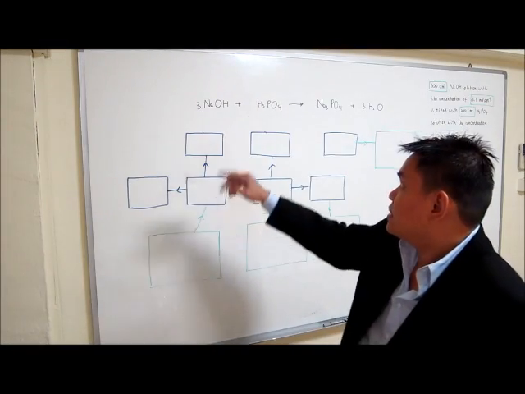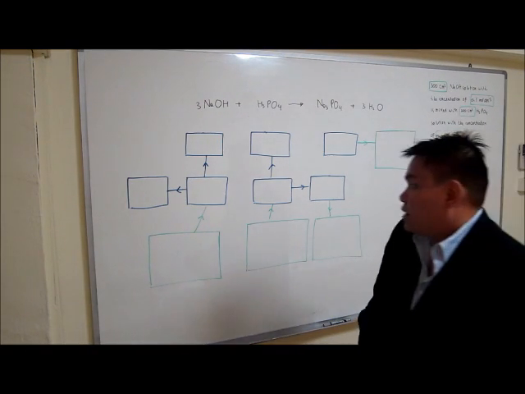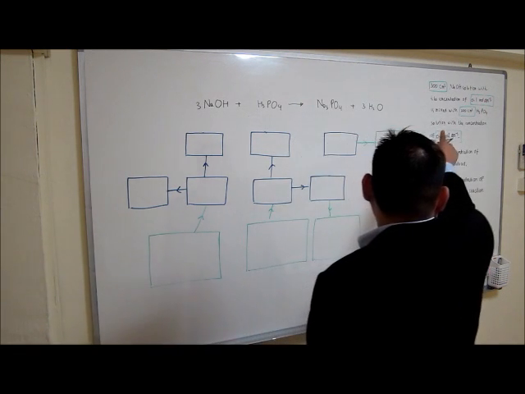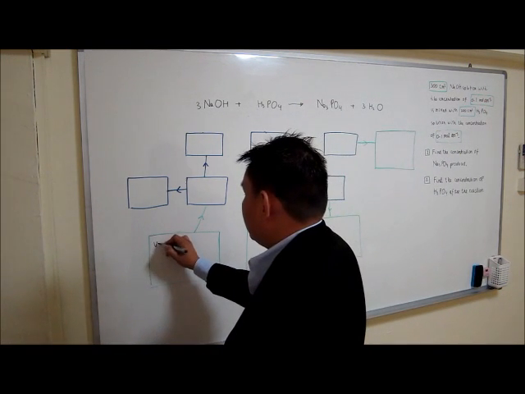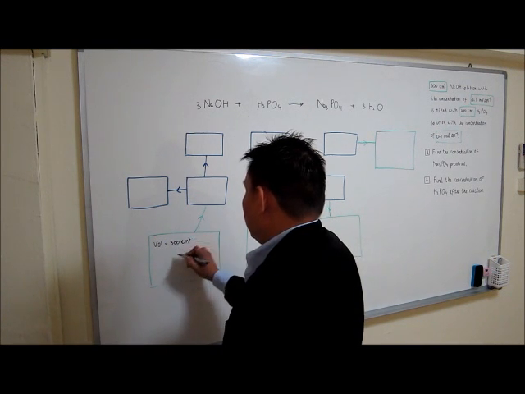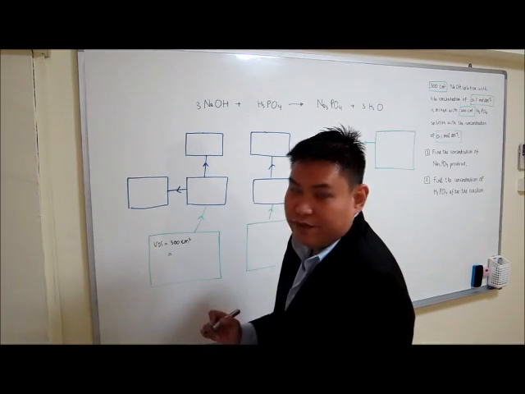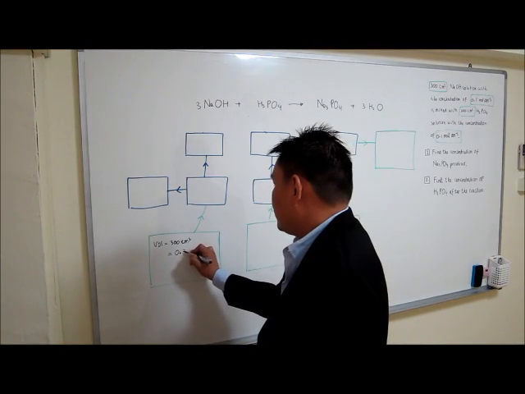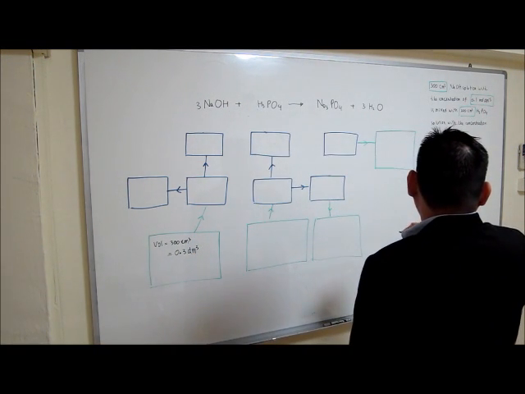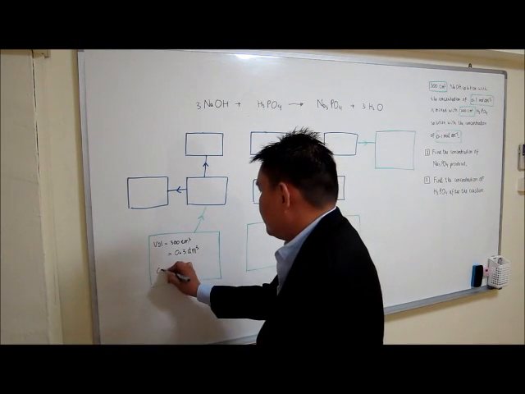2 pieces of information are about sodium hydroxide, so we are going to fill in. For sodium hydroxide, the volume is 300 cm cube. And don't forget to convert it into dm cube. If you divide by 1000, of course, you're going to get 0.3 dm cube. And concentration is 0.1 mole per dm cube.